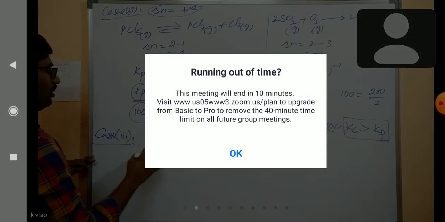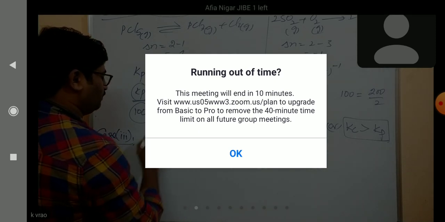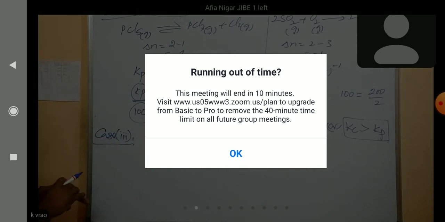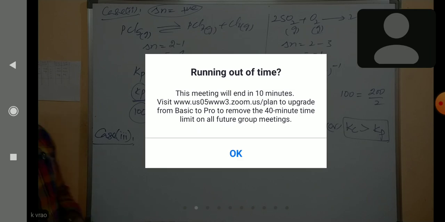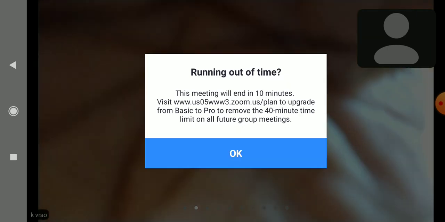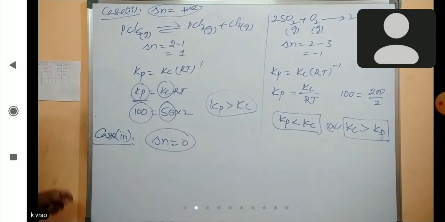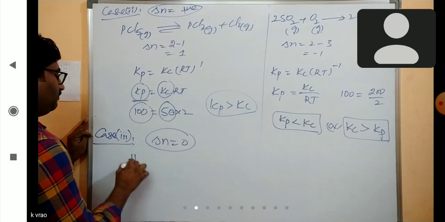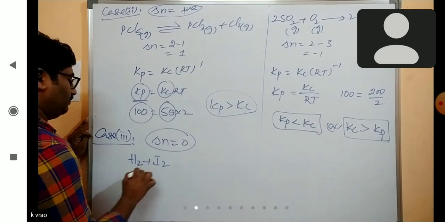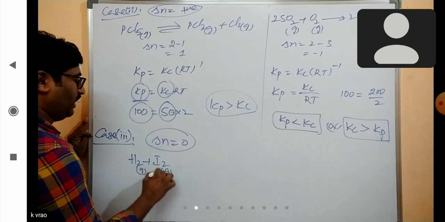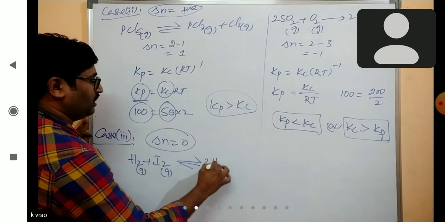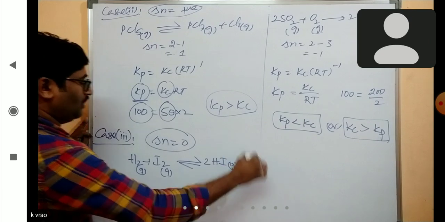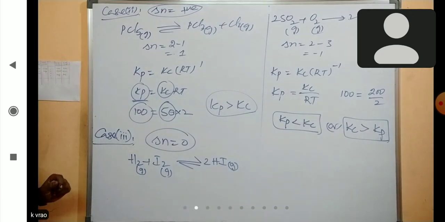In case number 3, delta n is equal to 0. Now what happens? Let us take H2 plus I2. H2 gas plus I2 gas gives 2HI gas.